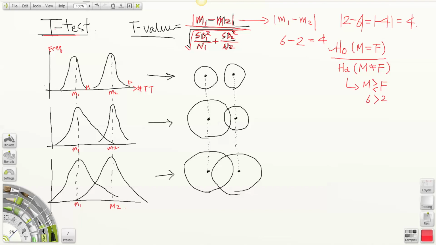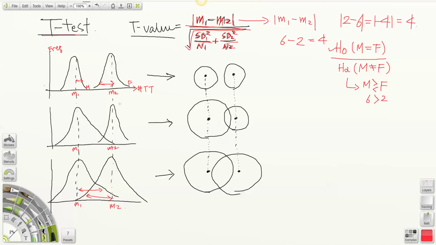So compare this dispersion to this dispersion here. You see how large it is compared to this one. And because this dispersion is large compared to this one, there's this much of an overlap. So it all comes down to the dispersion.